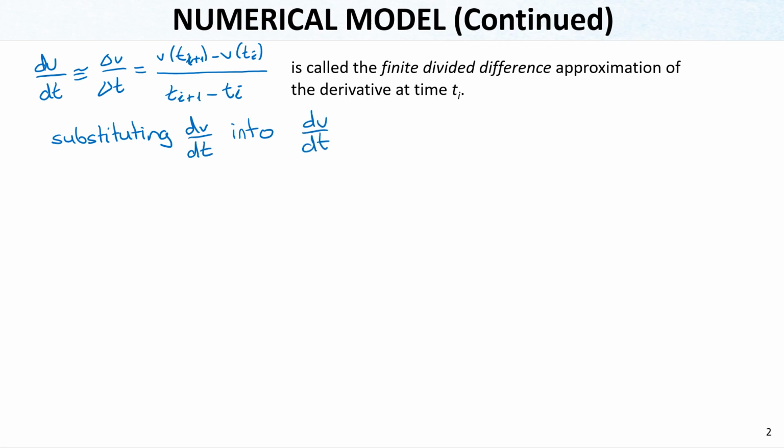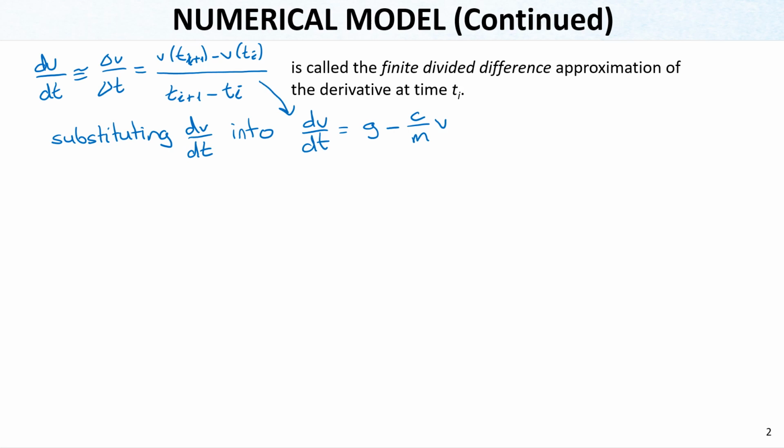In other words, dv over dt equals g minus c over m v. This was our initial equation, and we actually integrated this to find the analytical solution for v. But now let's assume that we don't know how to integrate this. In that scenario, we just simply use this numerical approach, and we don't really take any integration.